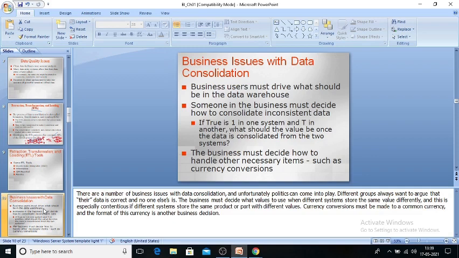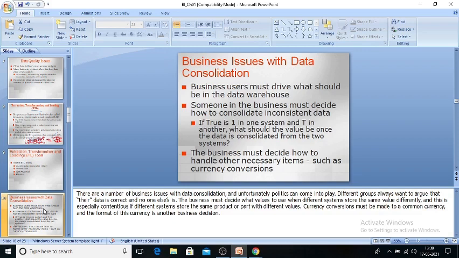As per the end users, all of them are correct. But it is very difficult while transforming, while we are doing the ETL transformation process.